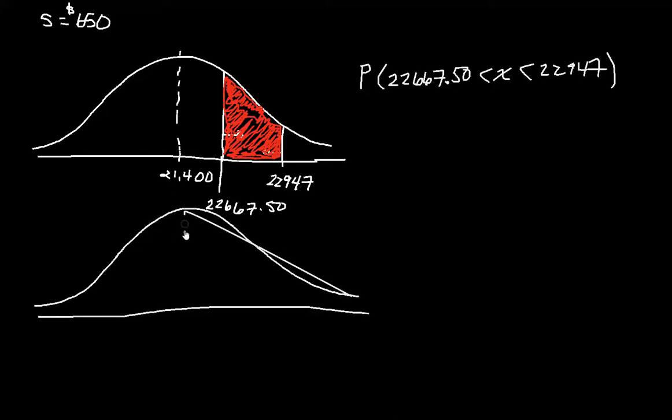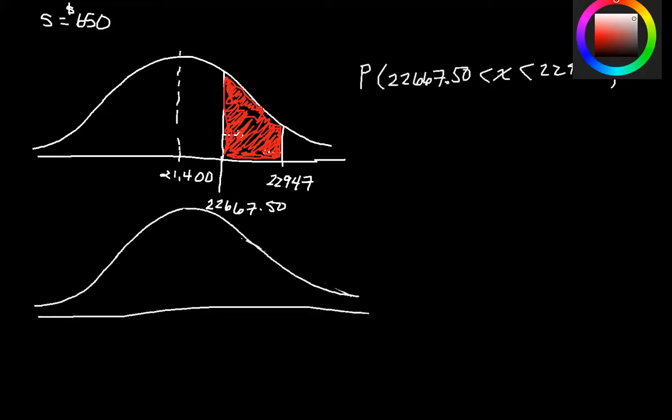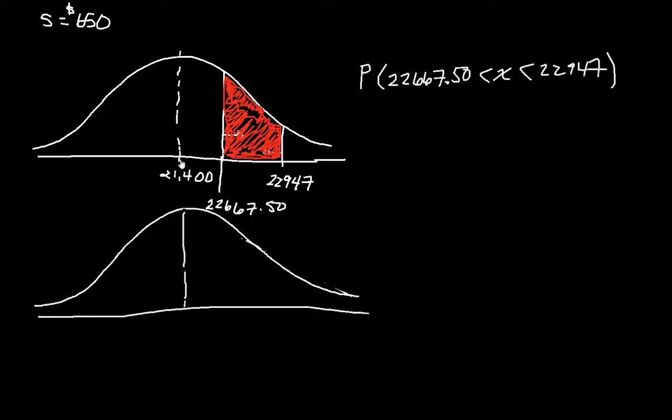On a standard normal table, the mean is 0. So let me draw that in, and I've lined it up so that you can see. So the mean is 0.